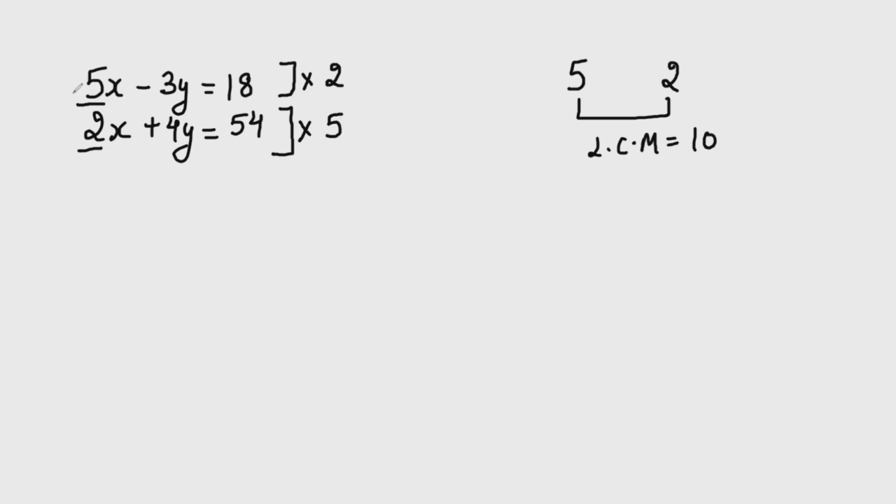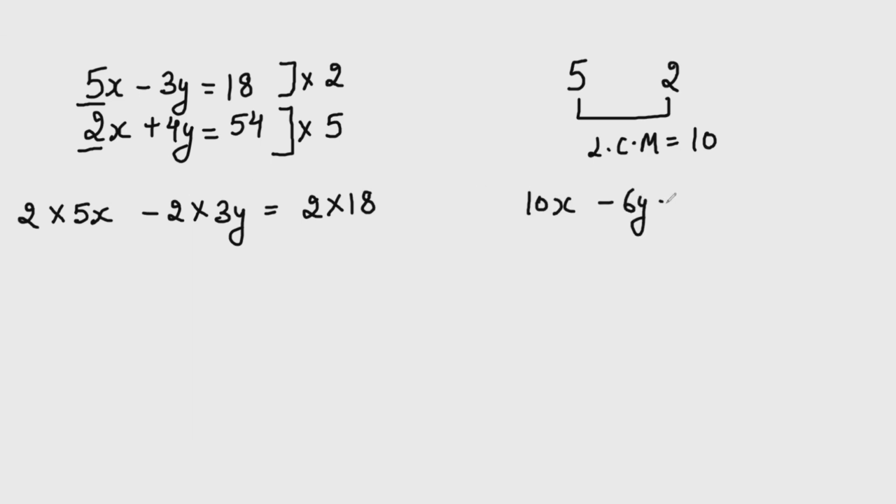So we will get two different equations. Multiply 2 into 5x minus 2 into 3y is equal to 2 into 18. The equation will be 10x minus 6y is equal to 36. Let it be equation number 3.